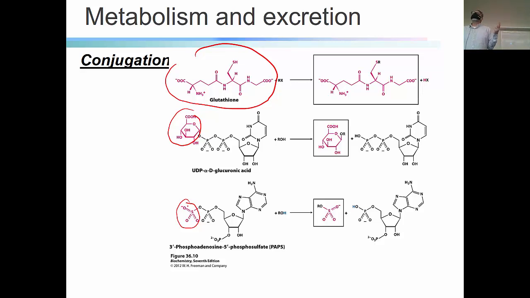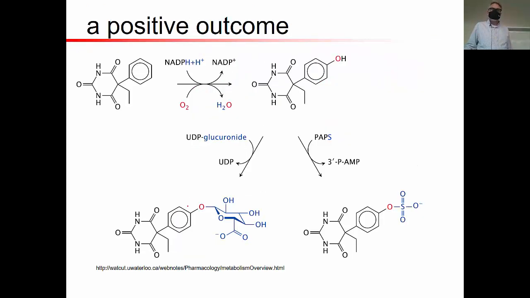This then allows the drug to be excreted, and it will go out either through the kidneys in the urine or to the intestine through the fecal material. So the conjugation helps to inactivate the drug, but also makes it very soluble at this point. And so this is a classic mechanism for ditching drugs.